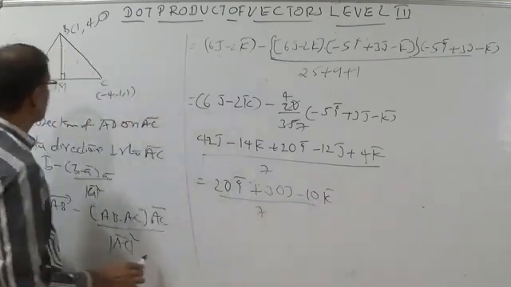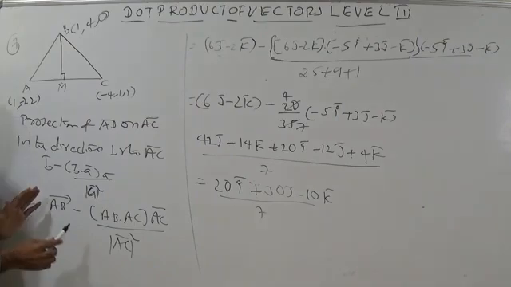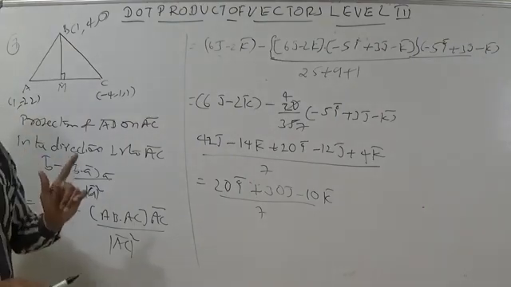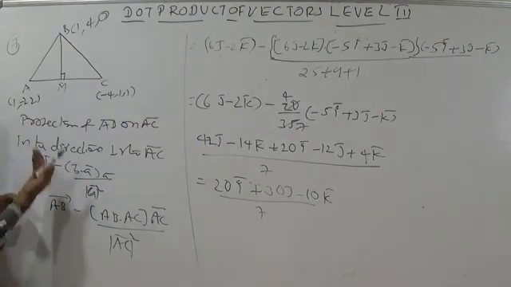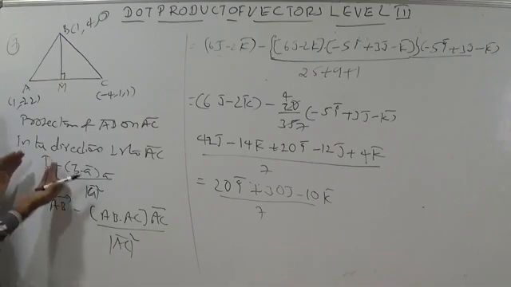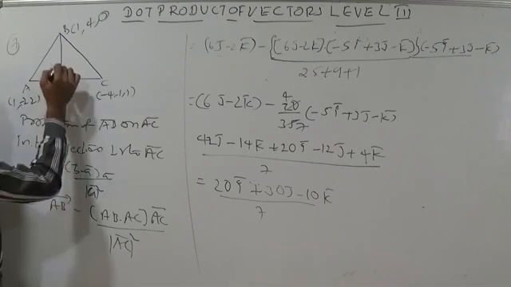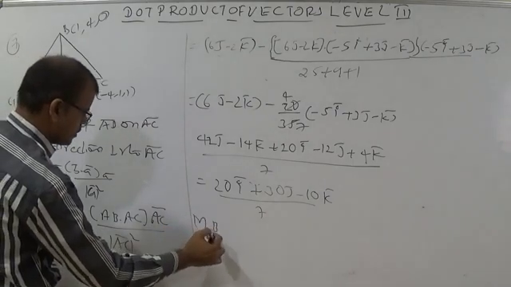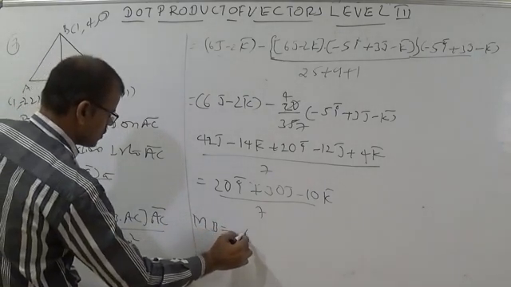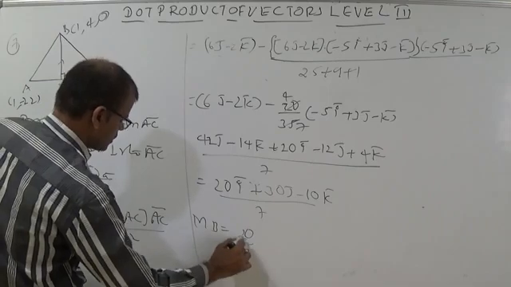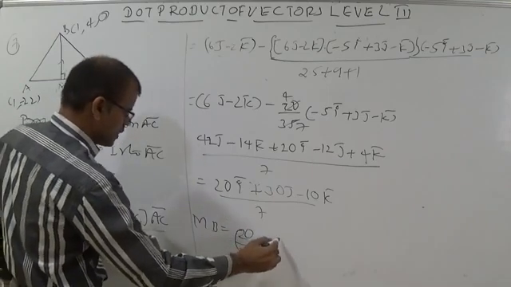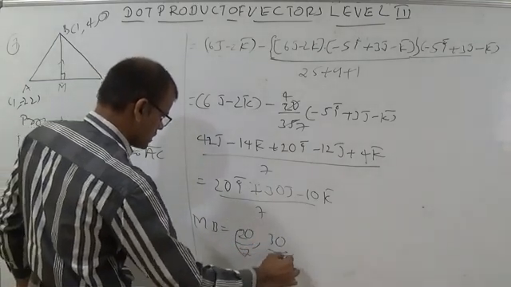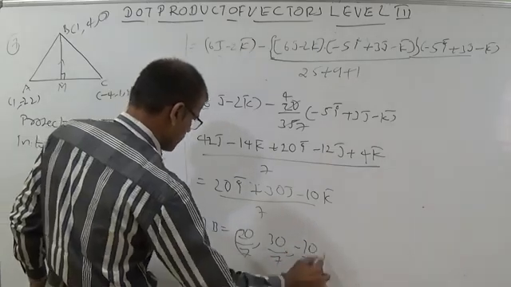So this is the component of MB. In the proof also I said that the orthogonal projection in the direction perpendicular to A bar is like this. This is MB. MB is equal to the components 20 by 7, 30 by 7, minus 10 by 7.